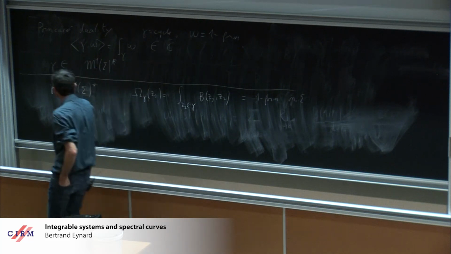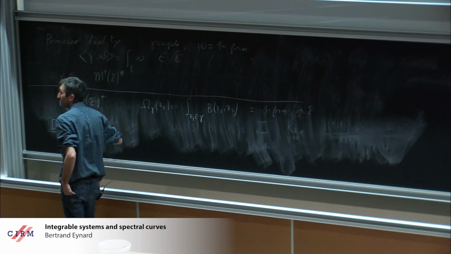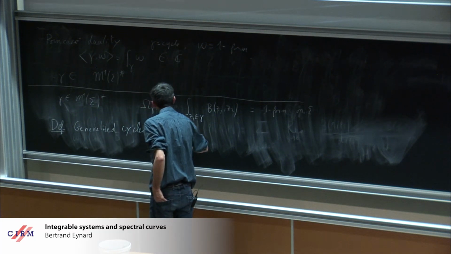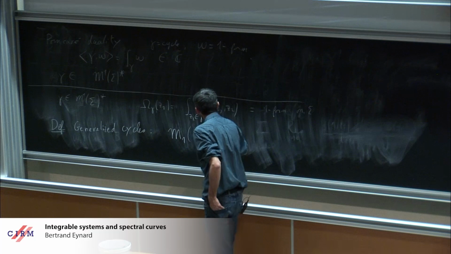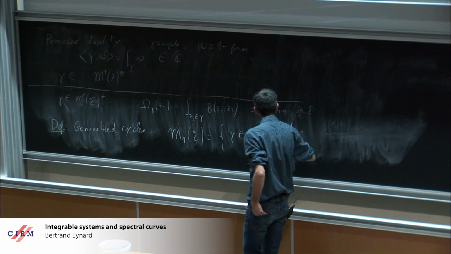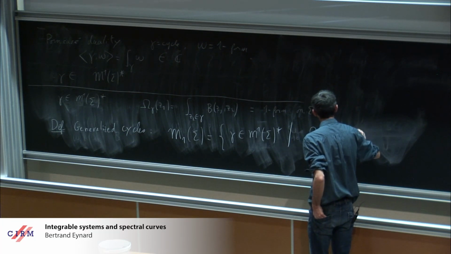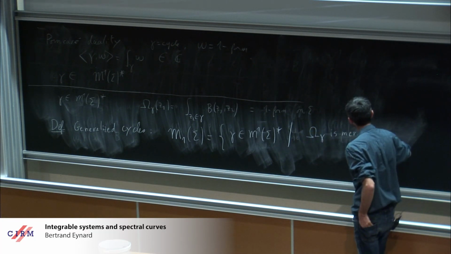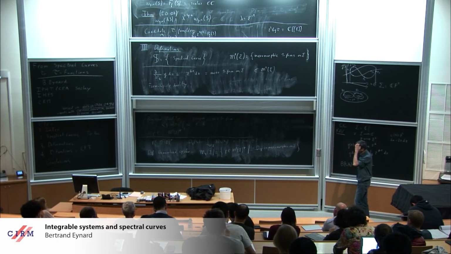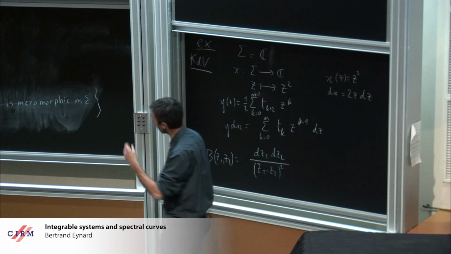So let me define this. This is what I call the generalized cycles. Let me write it this way. M1 of sigma is the set of gamma in the dual such that omega gamma is meromorphic. So it's again a vector space, infinite dimensional, but it's much smaller than the dual. Much smaller than the dual.